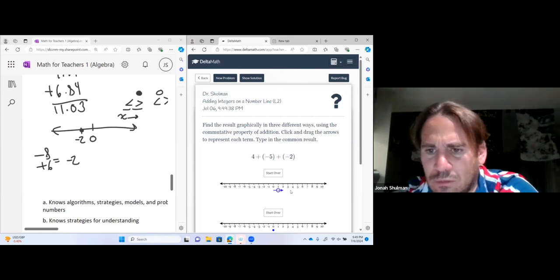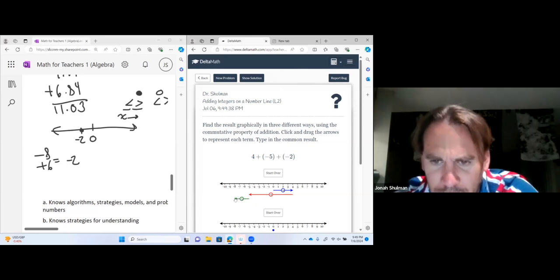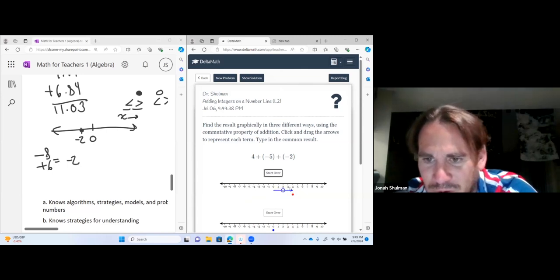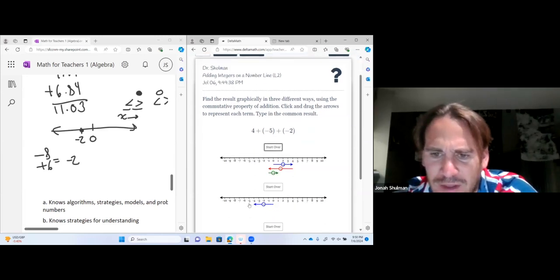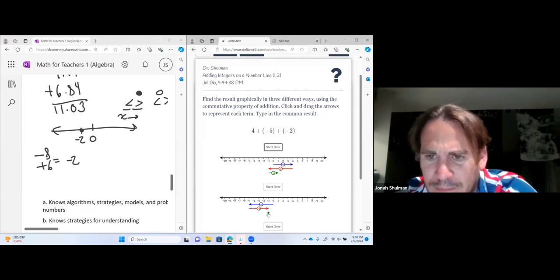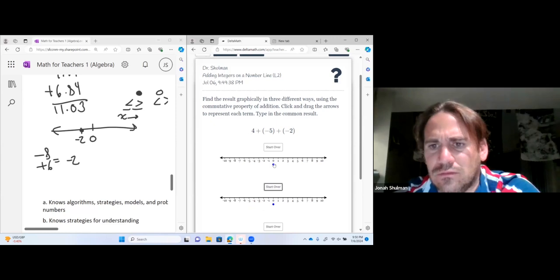So here's one way. So +4, -5, and then we got to subtract 2. All right, cool. So then we can do -5, and we could do +4, then we can do minus. Oh, wait. I added 2 instead of subtracted 2. Sorry about that. I got confused.